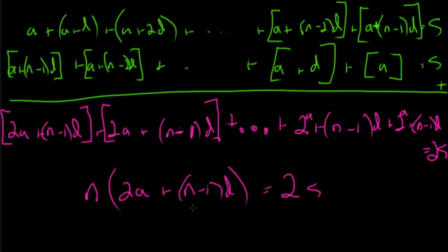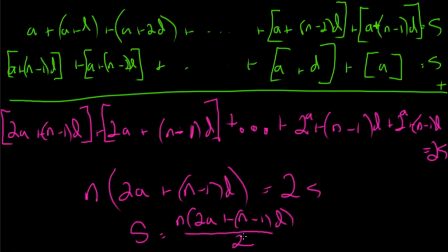And then if we divide by 2, we get our final answer, which is the sum of an arithmetic sequence given an initial term, a constant difference, and the amount of terms: n times 2A plus n minus 1 D all over 2.